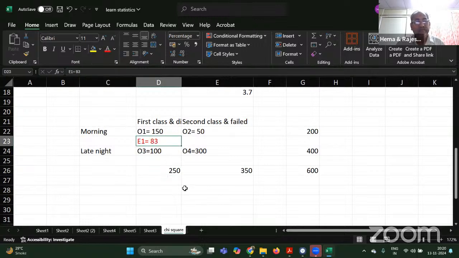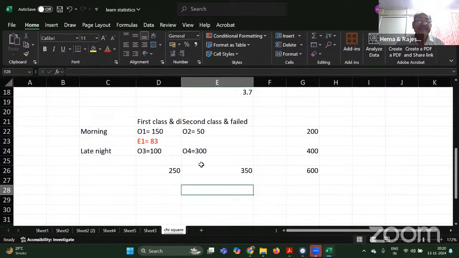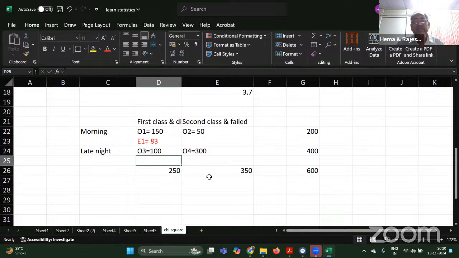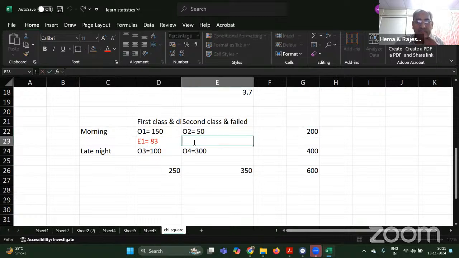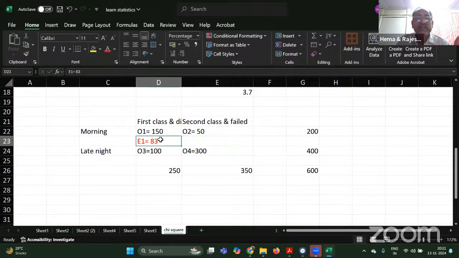Now, let us consider this as the degree of freedom also. By calculating this 83, the rest of the four things you need not calculate. You can directly get them by subtraction. Subtraction is much easier over here, not multiplication. Out of 200, remove 83. Now, see, the concept of degree of freedom is like this. You have a freedom to change how many cells? You have freedom only to change one cell.